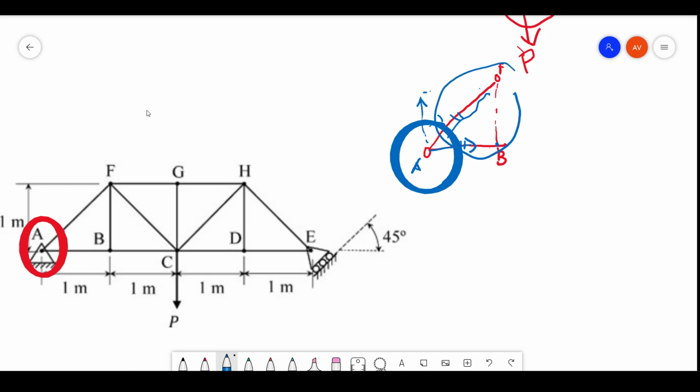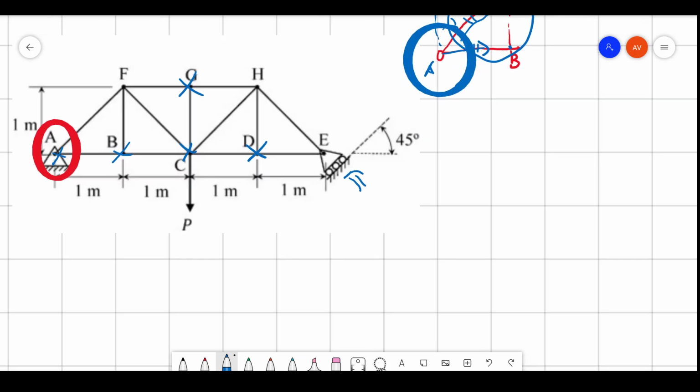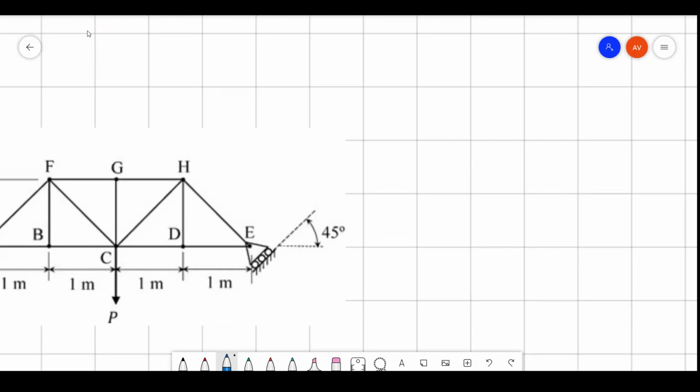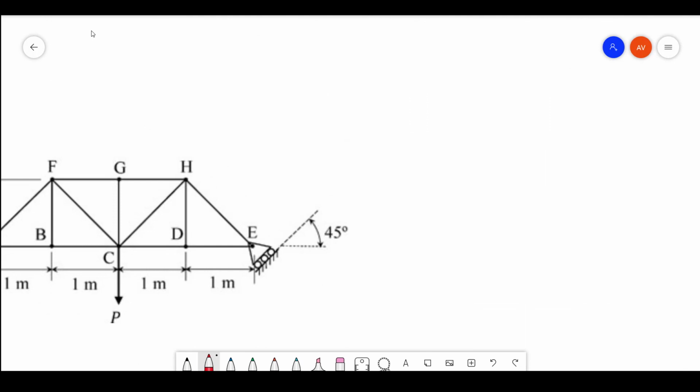Now we have addressed these joints. Let's go ahead with the next one. If you draw at E, what is going to happen?